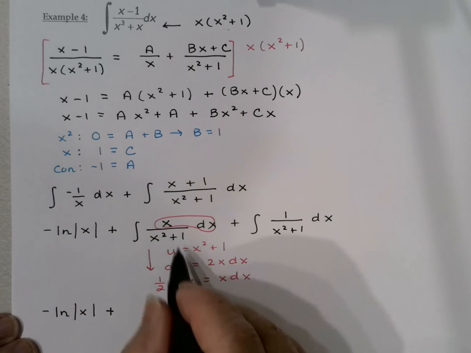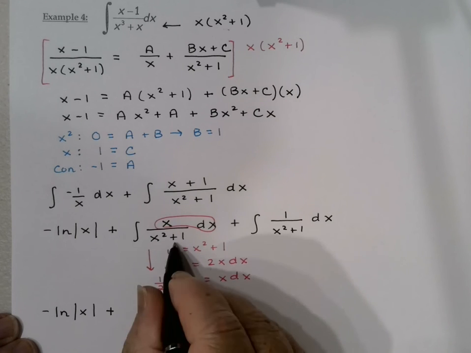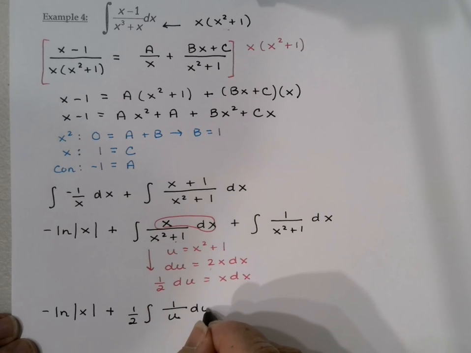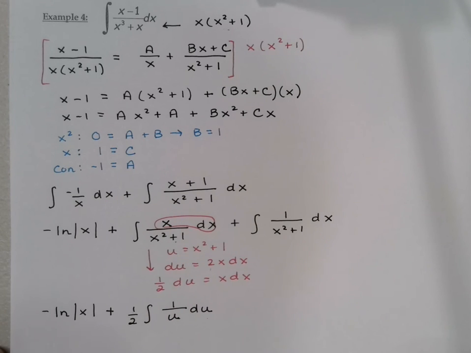I'm going to have 1 over u, and then instead of x dx, I'm going to put 1/2 du. And I'll finish this one in just a minute. Let's finish the integral we're on. Integral of 1 over u would be natural log u, and my u is x squared plus 1.